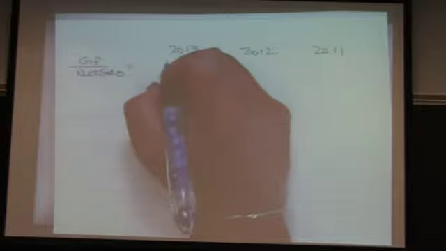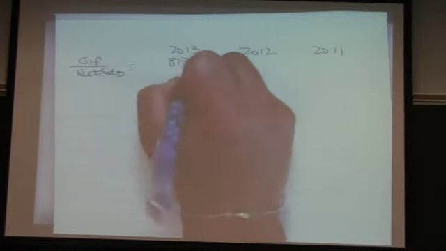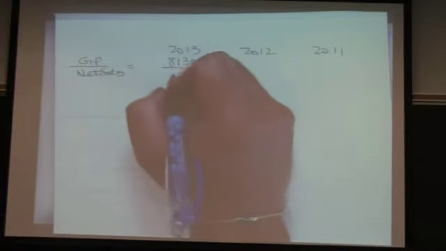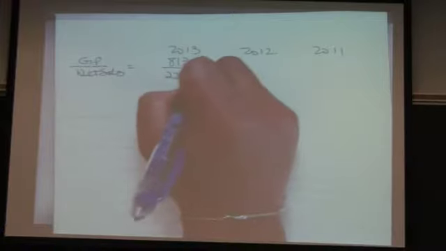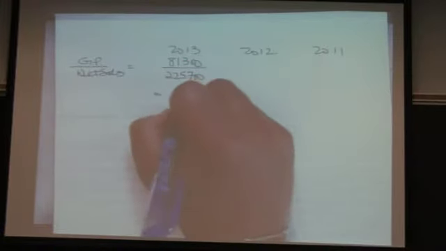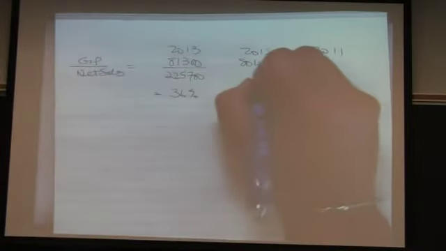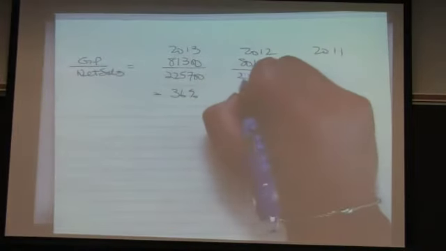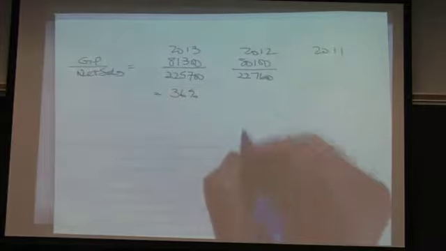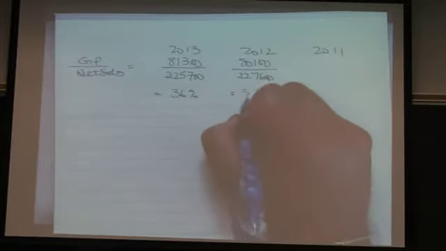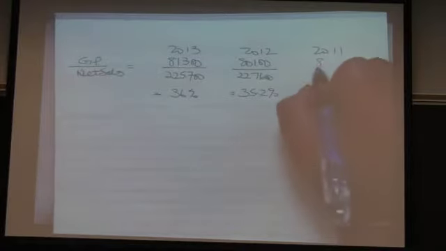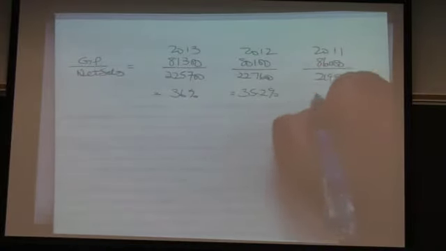So this one is 81,300 divided by 225,700. This gives us 36%. And this is 80,100 divided by 227,600, which gives us 35.2%. And this is 86,000 divided by 219,500.